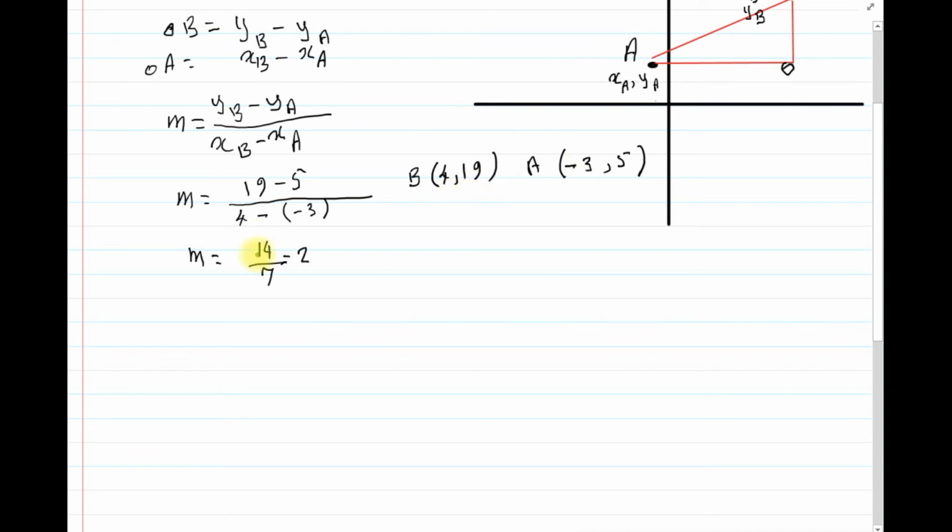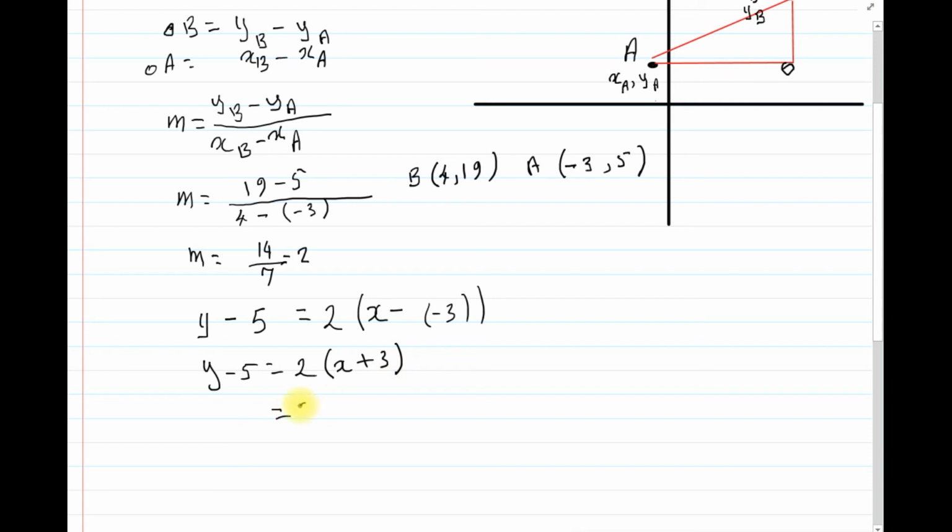I'll choose A. So this would be y minus y of A, which is 5, is equal to the gradient times x minus x of A, which is minus 3. So this would be y minus 5 is equal to 2 times x plus 3.